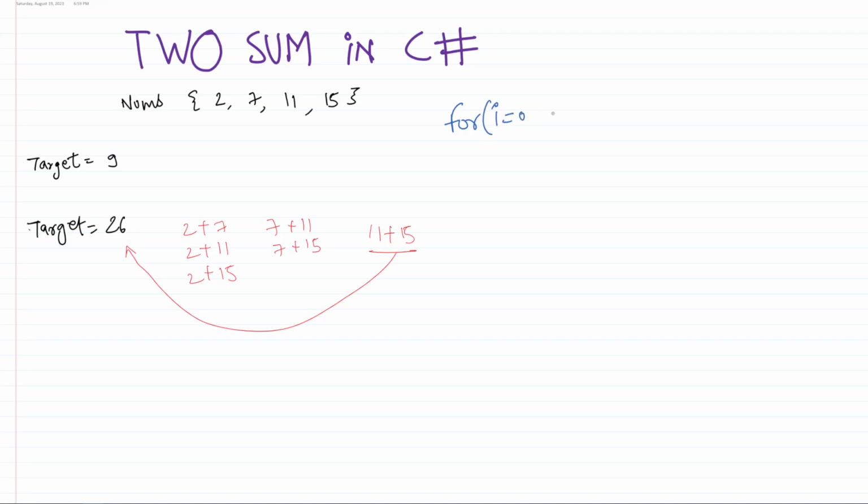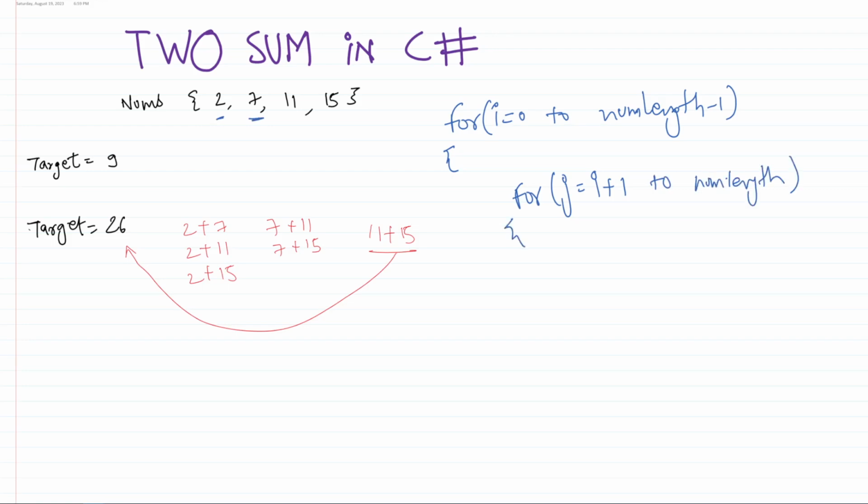One that goes from 0 to the count of your list, and another loop that starts from the next element of your current pointer all the way to the end of the list, and you compare if the number at ith position and the number at jth position equals your target.